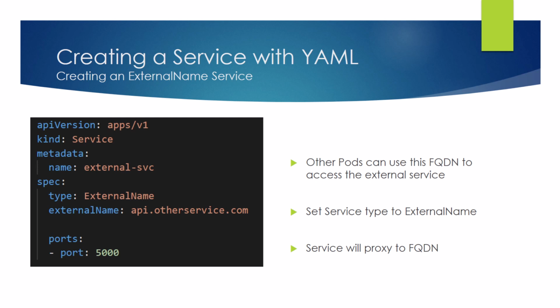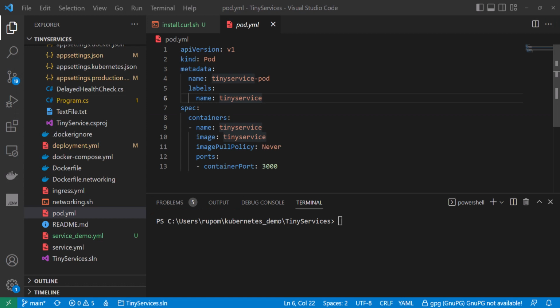Now let's see how we can get this YAML into action with kubectl. Let's take a look at how we can run our kubectl commands to get services going, but also at how we can communicate between pods and the process that happens behind the scenes with that.